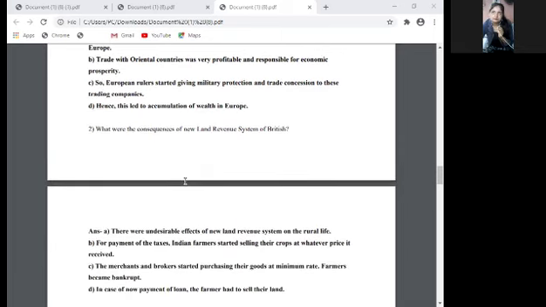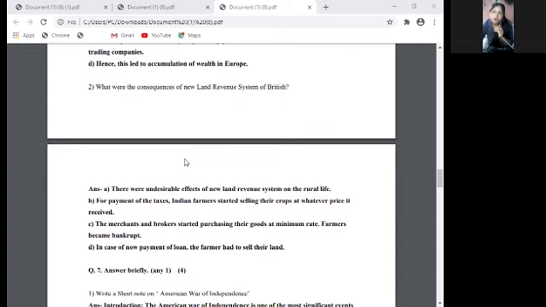Yes. And the consequences of land revenue system. There were undesirable effects of new land revenue system on rural life. For payment of these taxes, Indian farmers started selling their crops at whichever price they received.